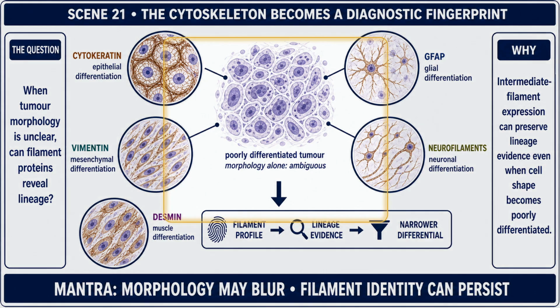The cytoskeleton can also leave a diagnostic record. Look at the tumor in the center. The cells are poorly differentiated, so their shape alone does not clearly reveal where they came from. Intermediate filament proteins can provide additional lineage evidence.